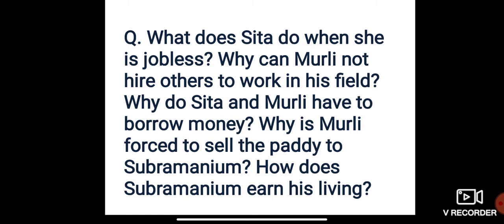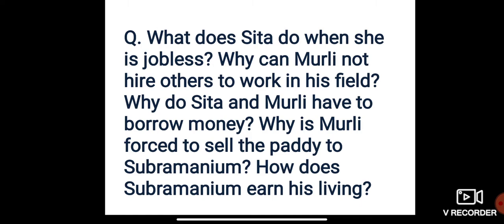So Murli is forced. He is not willingly selling, but he is forced to sell the paddy at a lower price to Subramanian, because he has to repay the loan. In order to repay the loan which he borrowed from Subramanian, Murli has to sell the paddy at a lower price.